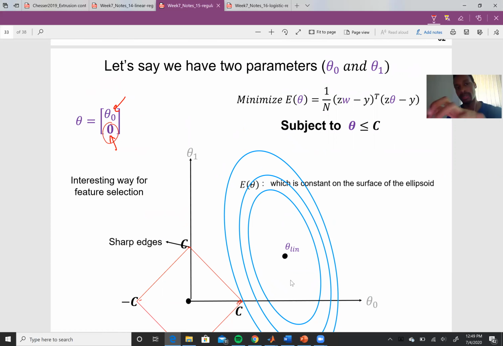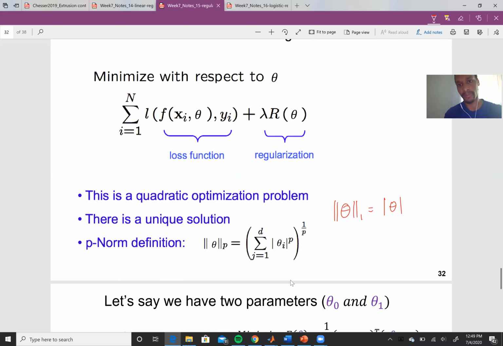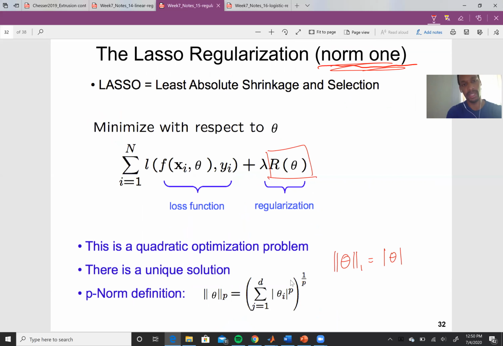You can neglect some of them by doing this lasso regression and just setting those equal to 0. And the way you do that is just by changing the regularization term, the norm of that term. So lasso is an acronym for least absolute shrinkage and selection.